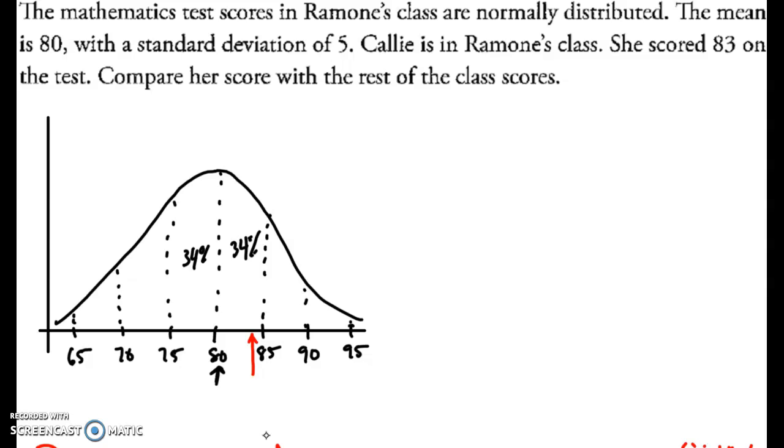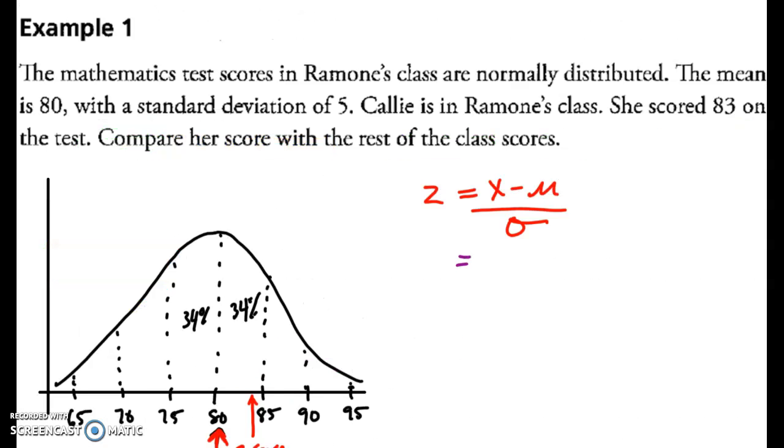Okay, so if she's right there, we're looking at a z-score. Remember, z-score measures from the average or the mean, and each standard deviation is 1. So this z-score, if I were to make an estimate, I would say the z-score here would be, I don't know, 0.8. Okay, just under the 1. Let's use the formula.